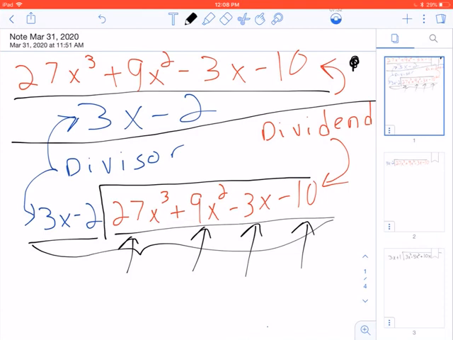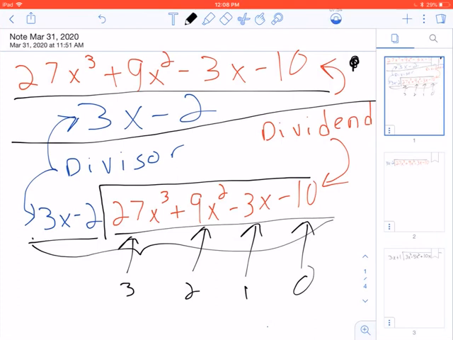The degree of the first term here is 3 because there's an x cubed. The next term has degree 2 because it's x squared. This one is degree 1, x to the first, and this one doesn't even have an exponent, it's just a constant term.